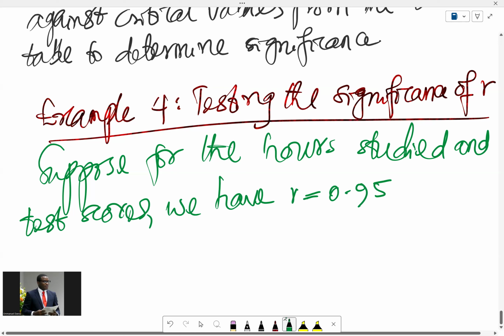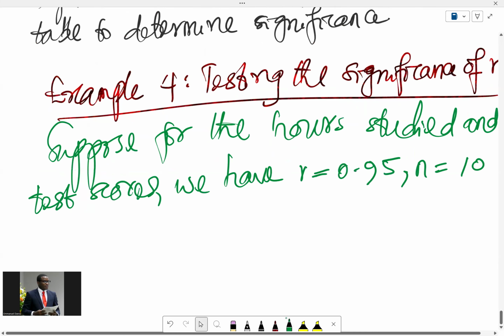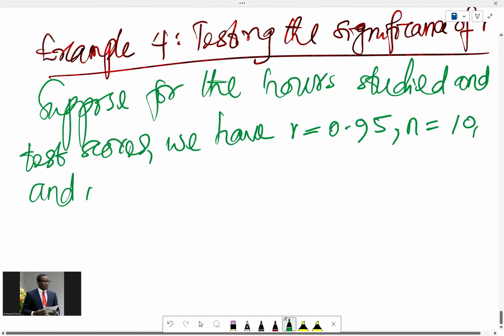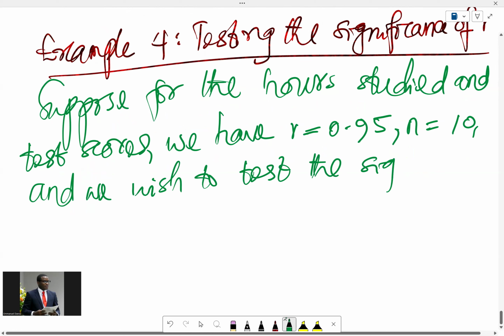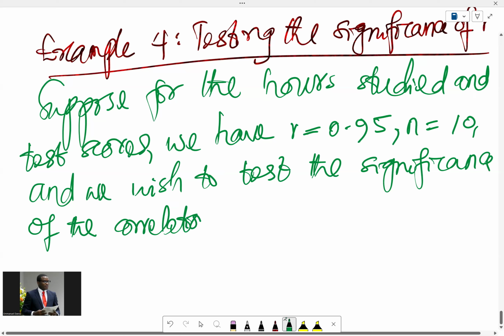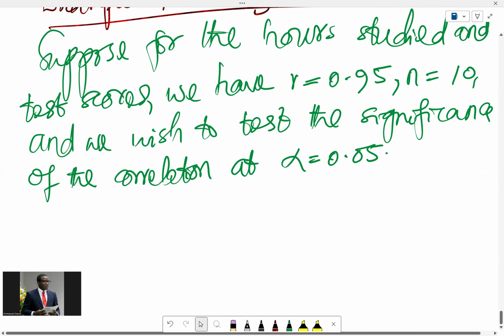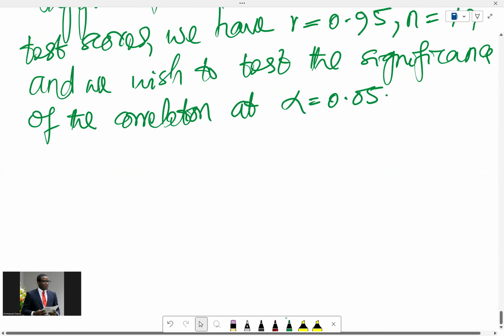We are just assuming this scenario, and we have 10 as the sample size, and we wish to test the significance of the correlation at alpha equals 0.05.